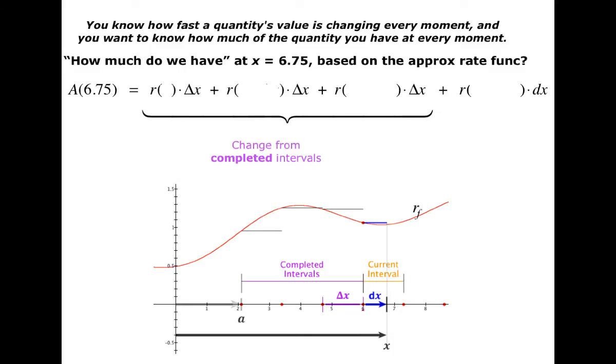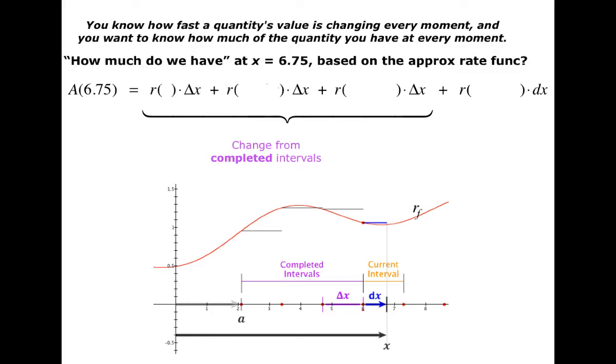The X value is starting. What X value do you want? Oh, it's not going to be what X value. Okay, so the current interval has nothing to do with the J's. The J's are only for the completed intervals.